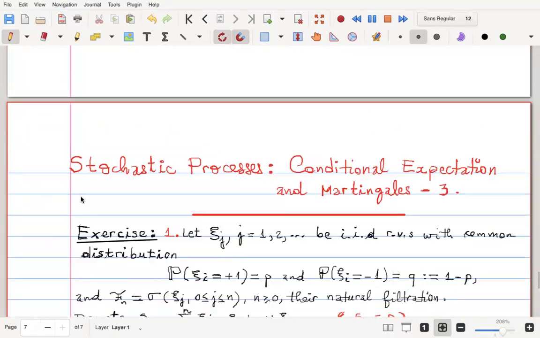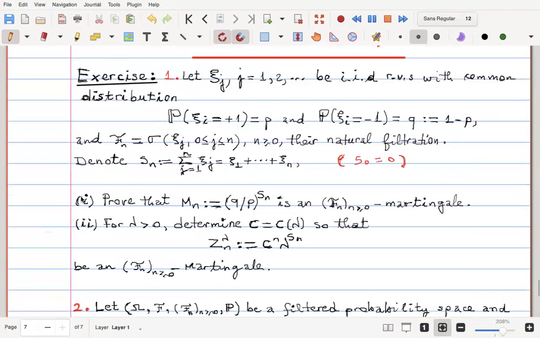Good. So the first question is to prove that the sequence of capital M sub n, given by the ratio Q by P raised to the Sn, is an Fn martingale.